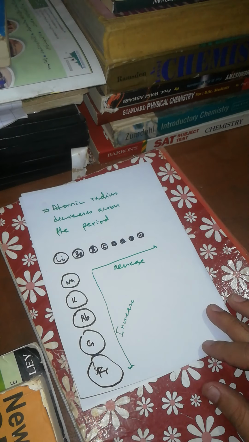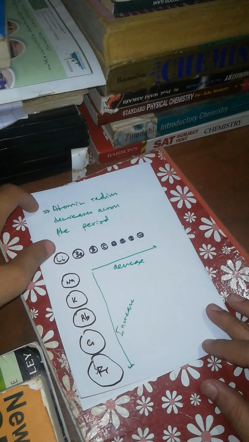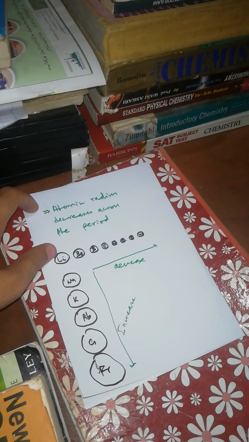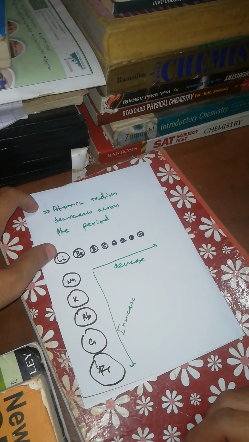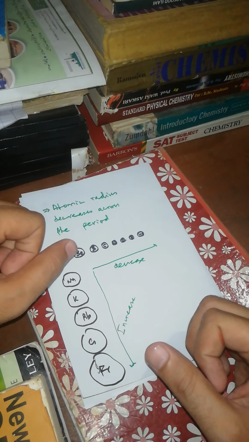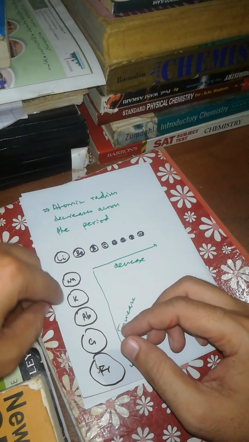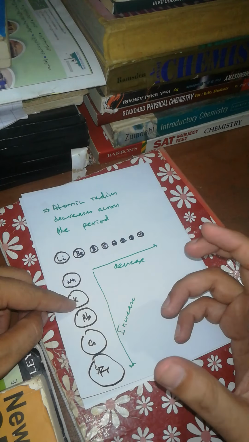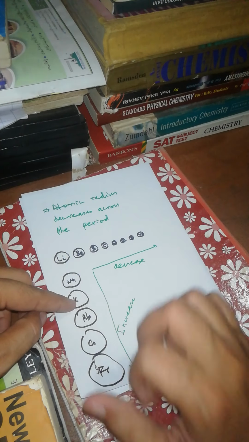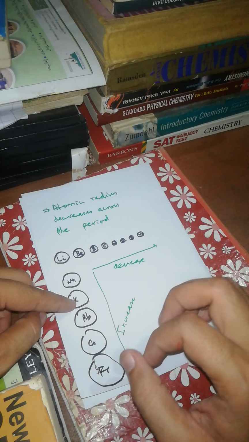And similar is the case for the overall periodic table. This understanding of atomic radii enables us to predict the atomic radii of different atoms. Comparison is very important. Sometimes we are asked about comparison. For example, potassium, nitrogen, carbon, and beryllium are given, and we have been asked to determine the smallest atomic radius.